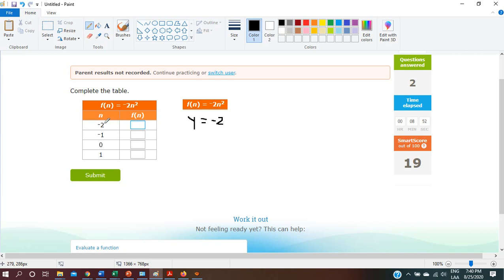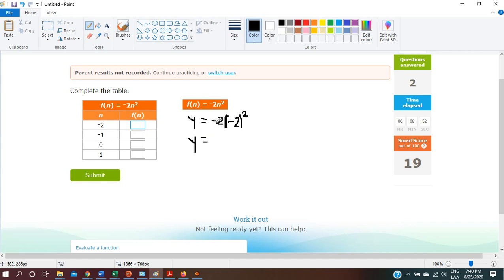-2n squared. What is the value of the first n? -2. So it is going to be a multiplication. Remember, -2 is multiplying n squared. So n equals -2, and n is going to be squared. Now, what are we going to do first?